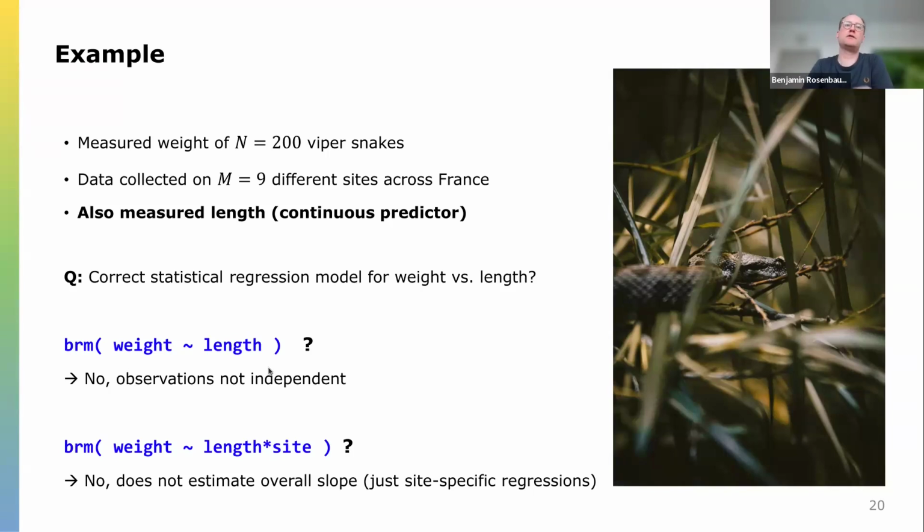On the other hand, we could just fit a classical ANCOVA type of model, so a continuous predictor in interaction with a categorical predictor. But this also wouldn't be the statistically correct model because we do not get an overall slope, right? So we are interested maybe also in the overall slope here and not just in the site-specific regressions.